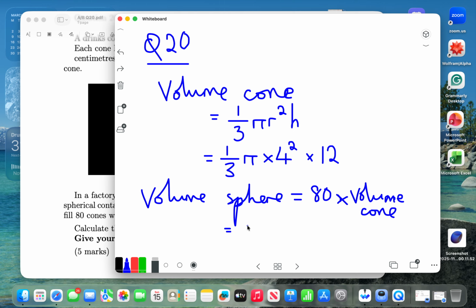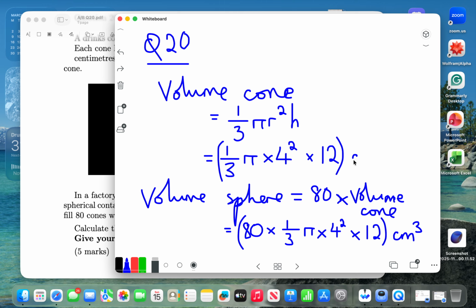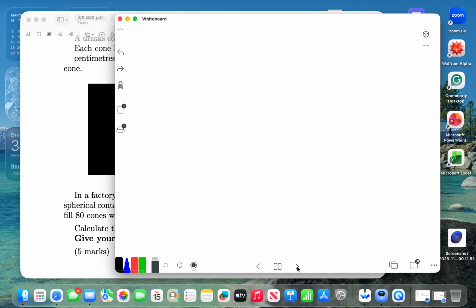So we can write 80 times 1/3 pi times 4 squared times 12. And let's include the units. We have to use cubic units because we're dealing with volume, so it's a 3, like that.